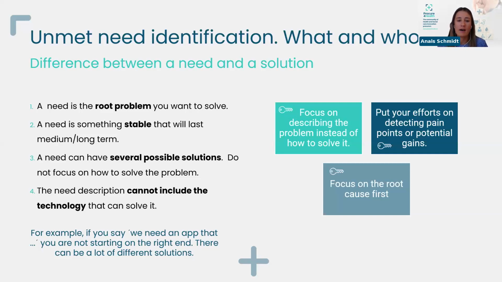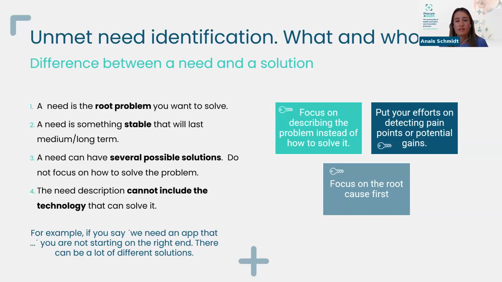Also, a need has several possible solutions, not only one. So you have one need, but it can be covered by several solutions. It's key that you don't focus on how to solve the problem. You have to focus on the need and the problem you have, not the solution to cover it.